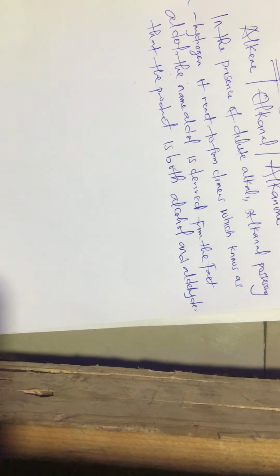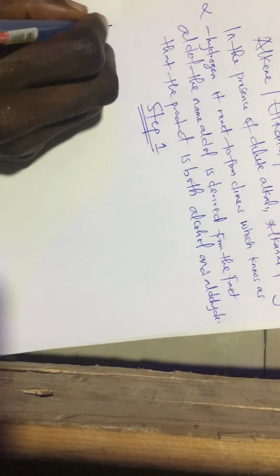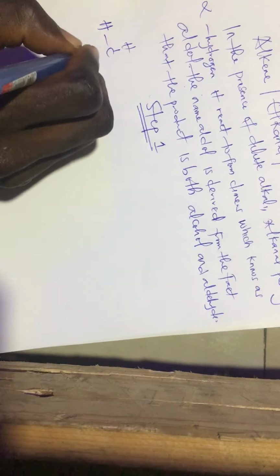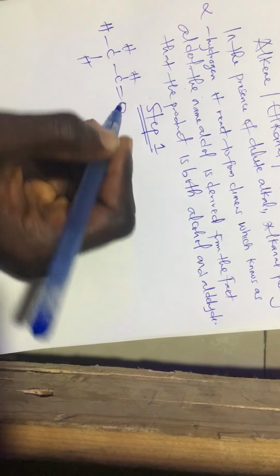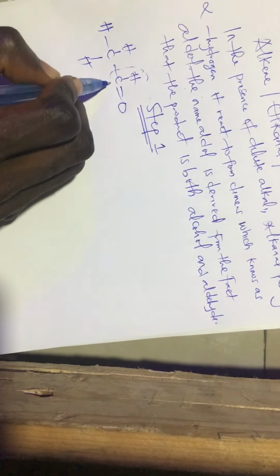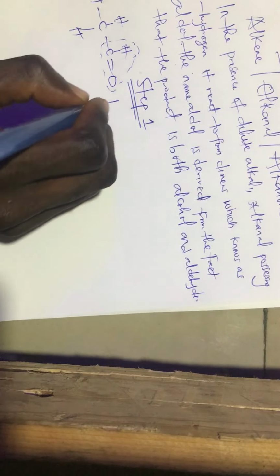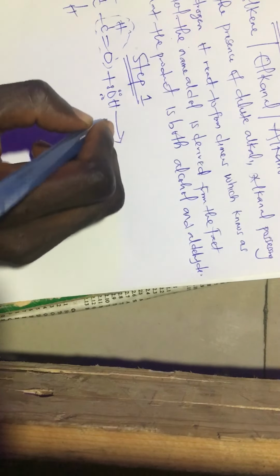So if I take a look at this, I have step one. I have H. Are you with me? I have this and this, then a double bond. This here is the functional group of the aldehyde, plus sodium attached to this OH.